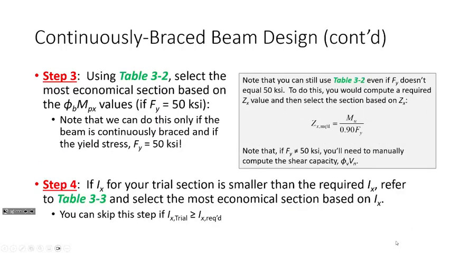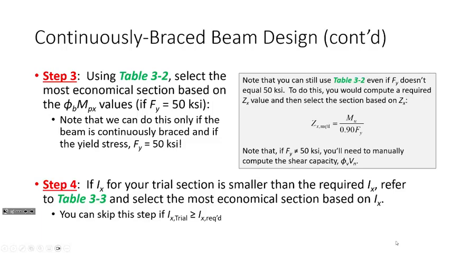Okay? So the next thing that you're going to do is use table 3.2 to select an economical shape. Because if you're using Fy equals 50 KSI, just look up a section based off phi Mp. Because if we're doing continuously braced beam design, we know that its flexural capacity is going to be Mp. So just find a section that meets the Mp requirement and use that as a trial shape.